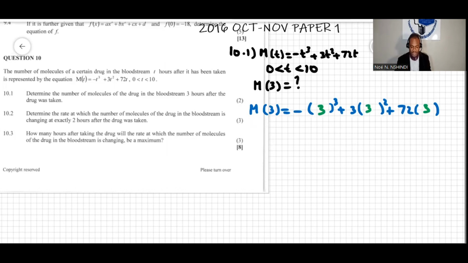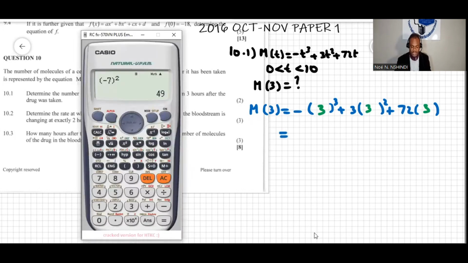Now, we can just sub it in the calculator, because this will be negative open brackets 3 close brackets to the power of 3, and then plus 3 times 3 squared, and then plus 72 open brackets 3 close brackets.